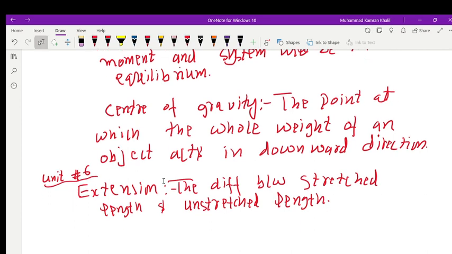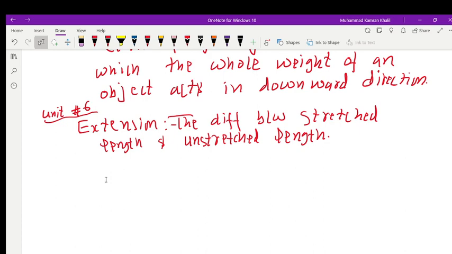Then the next one is the limit of proportionality, the point till which the load and extension are directly proportional to each other.